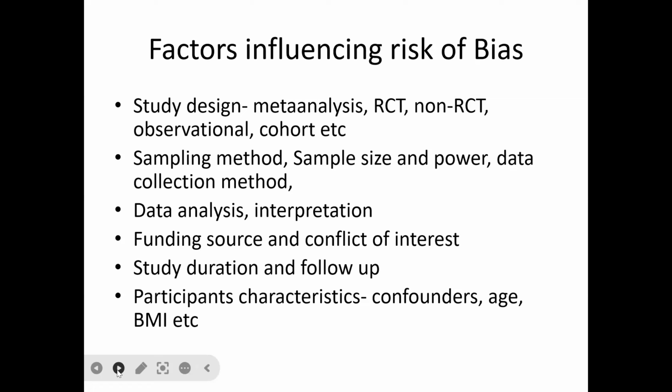And then the data collection method, because most of the time digital data collection is not there, because digital records are not there. So it's mostly manual, data is collected manually. And if there are incomplete fields or incomplete methods, then again the risk of bias would be there.